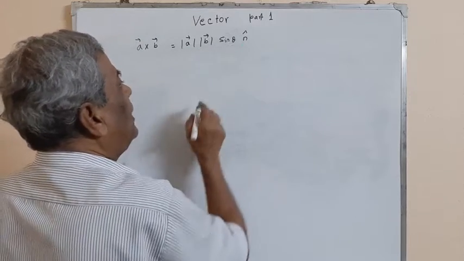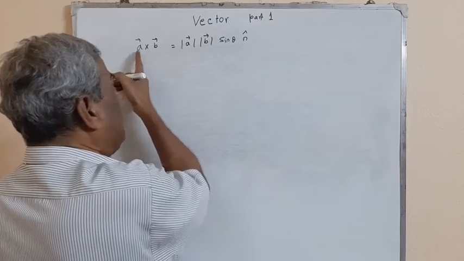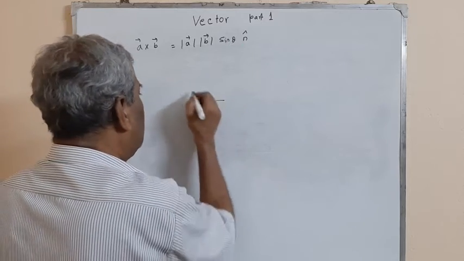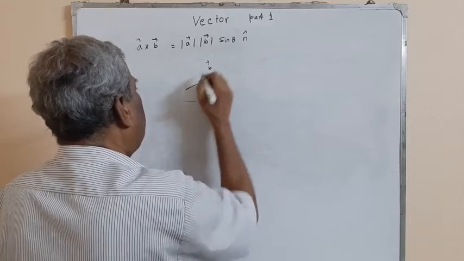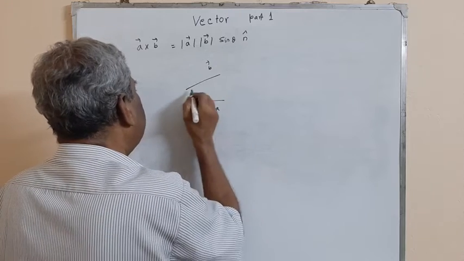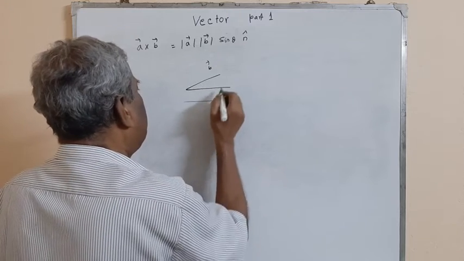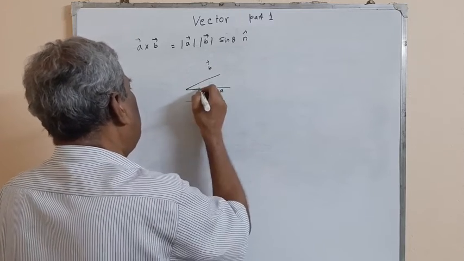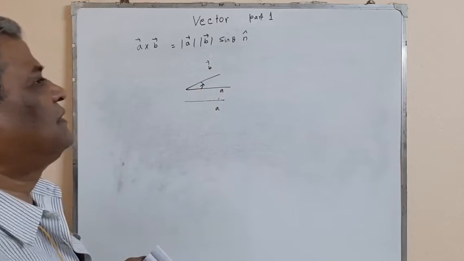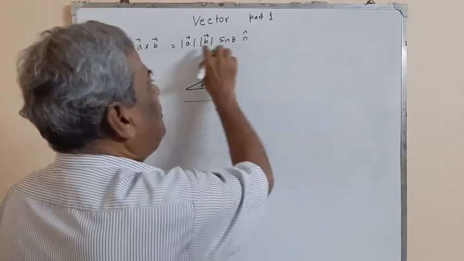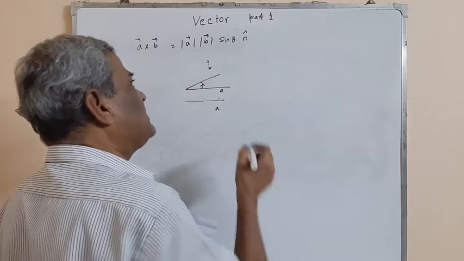Theta is the angle between the vector A to B. Suppose this is A and this is B, so this is the angle theta. So sine theta, up to sine theta we understand.